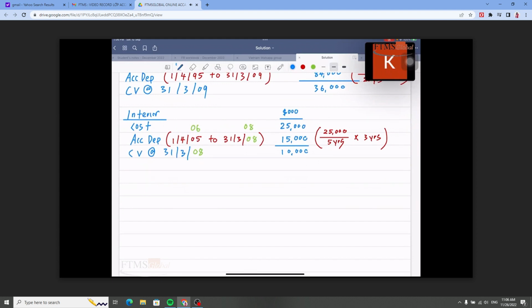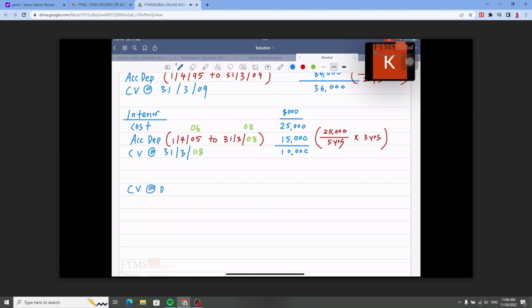Okay, right. So ultimately, remember what you want is the carrying value at the day of upgrade. My day of upgrade is 1st October 08, right? Okay, so I can put one line to help you see. I want my carrying value at the date of upgrade.